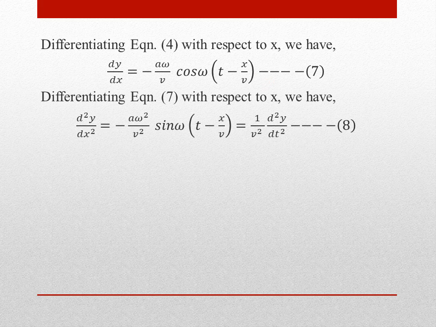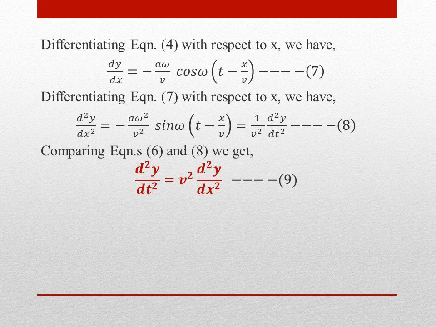Differentiating it again with respect to x, we have d square y by dx square to be minus a omega square by v square sin omega in brackets t minus x by v. But we know a omega square by v square is nothing but 1 by v square d square y by dt square. This we have obtained on comparison with equation 6.